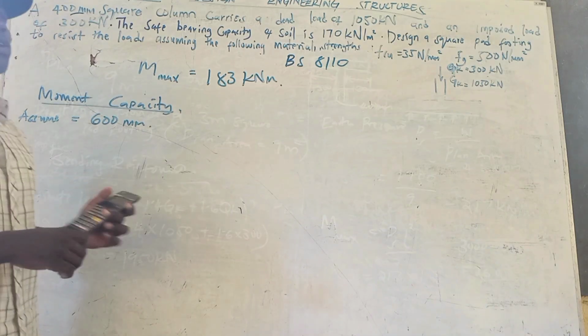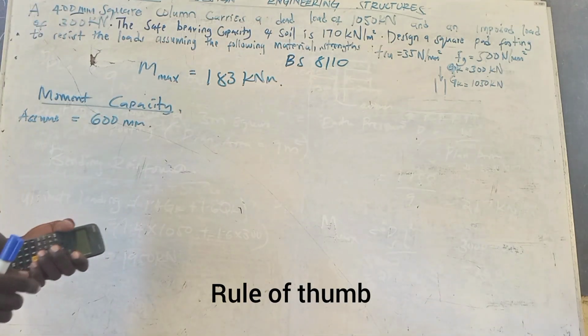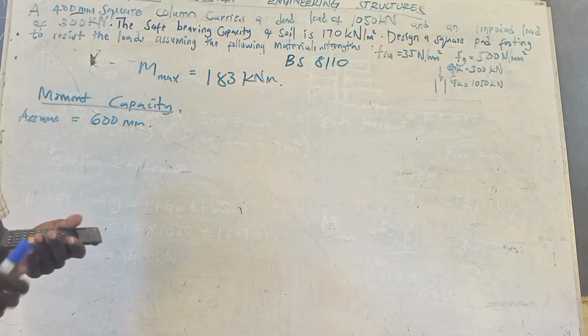Somebody might ask, why 600? This one again is a rule of thumb.